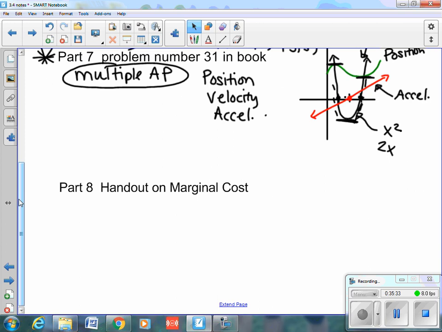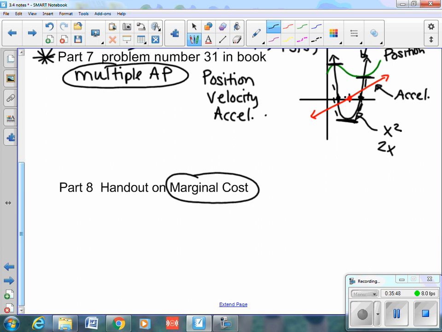Okay. So marginal cost and marginal revenue is outside of my box. I teach calculus, and this is where you would find this. Marginal cost. If you're not going to be an engineer, you still have to take calculus if you're going to be a business major.